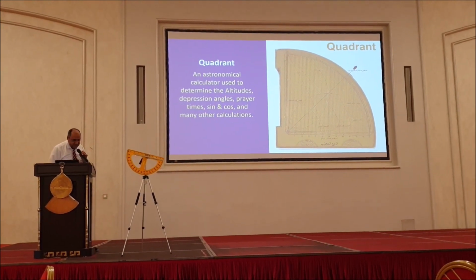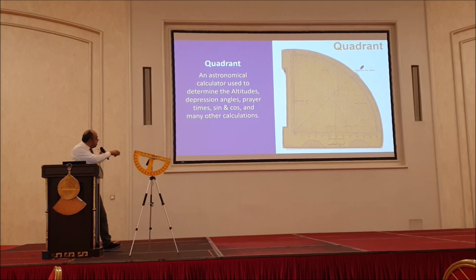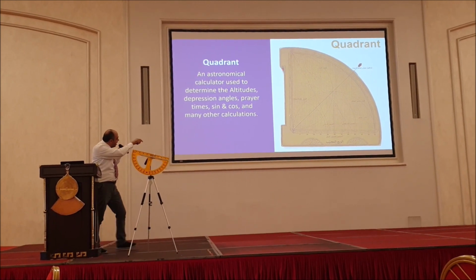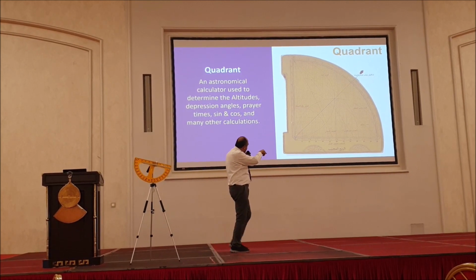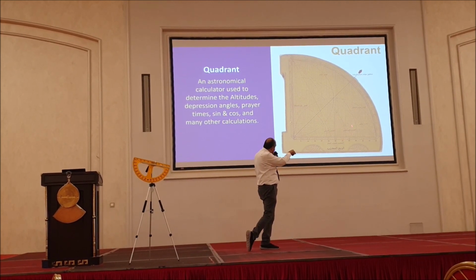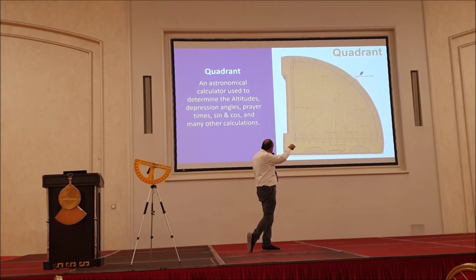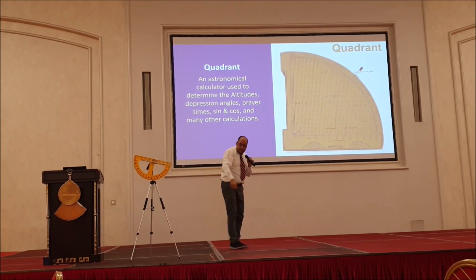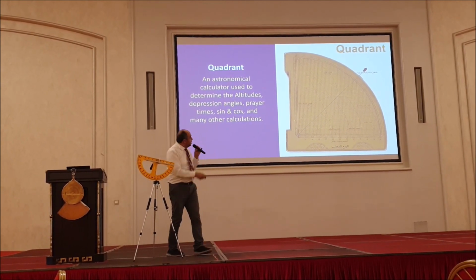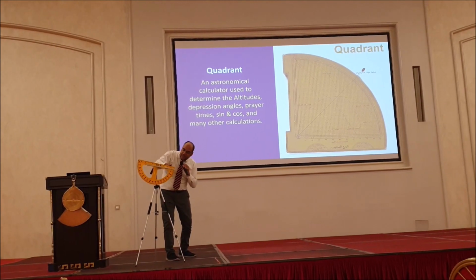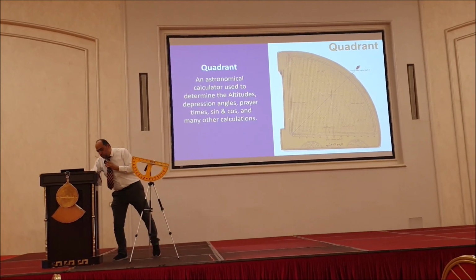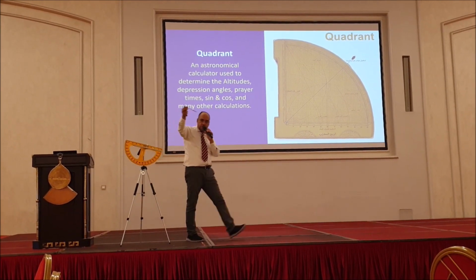Okay, this is our quadrant. As I told you, these curves are calculation curves. This is the sine curve, this is the cosine curve, this is the time of prayer Asr, this is of noon time, this is the free hanging line, and here we look through these two holes again. I'm here going to use a straw.